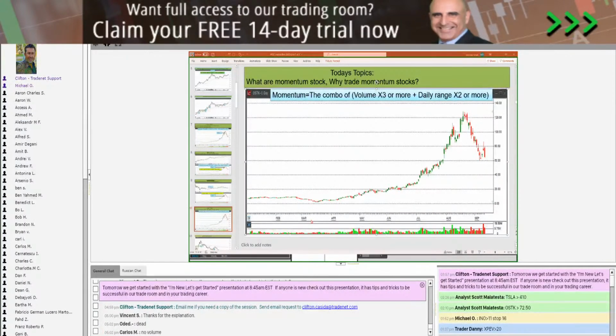Nothing happens. What does it mean? The institutional traders, the hedge funds, the big money are looking at stocks that they want to buy and make money to deliver returns to their customers. And OSTK is not even on their radar. Nobody's buying, I don't want to say one share, but nobody's buying.